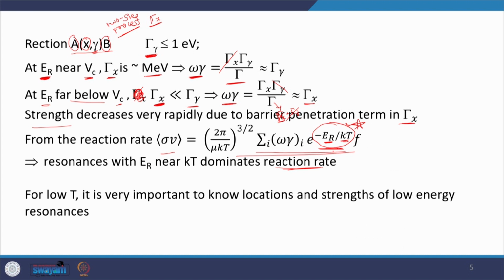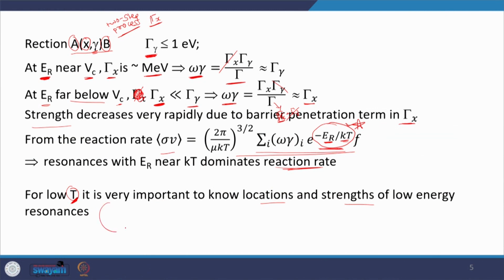So for low temperatures, please remember kT: at low values of temperature, that means at low values of kT, that means at low values of resonant energies, it is very important to know the locations and the strengths of the low energy resonances, not high energy resonances. I hope you are following what I am trying to convey, fine.